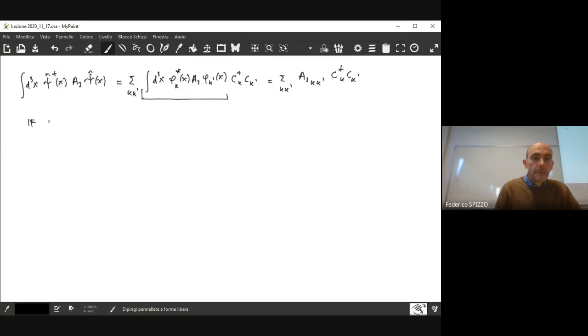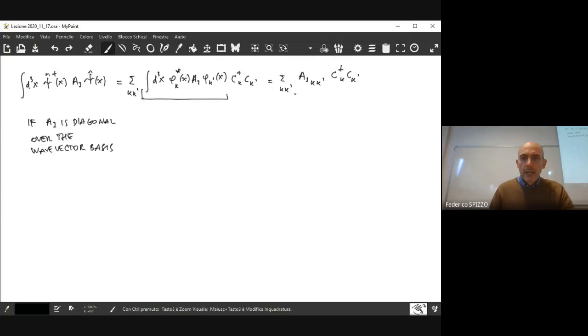If A1 is diagonal over the wave vector basis, that means if this matrix here is diagonal, then this summation reduces to just one index, because all the elements where k is not equal to k prime are 0.